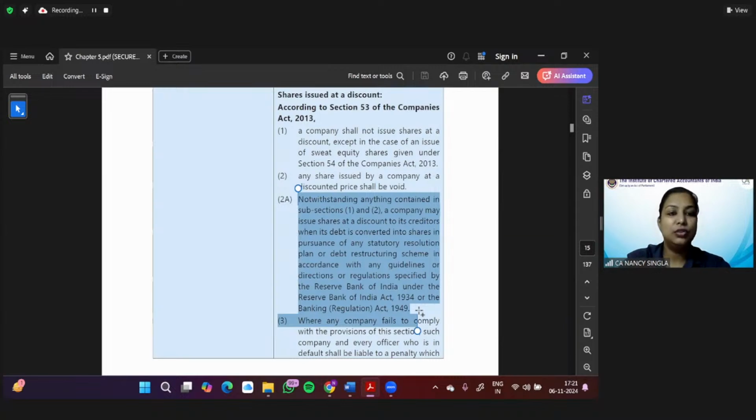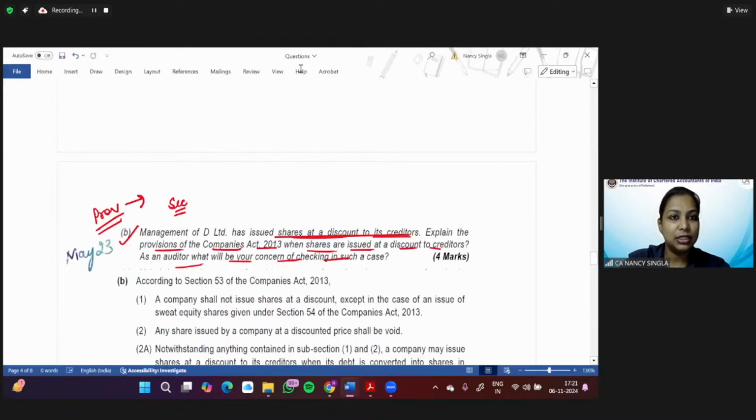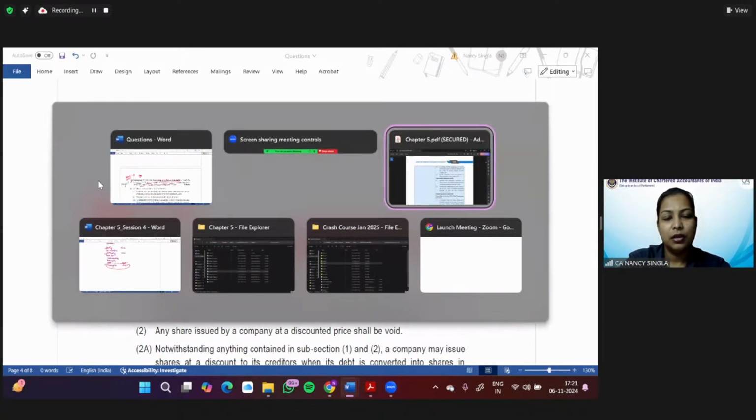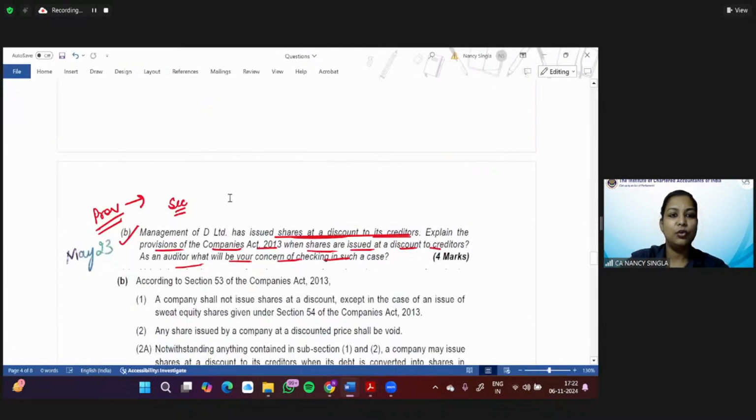So what is the answer? The answer is on page number 5.15 of your module. Just a minute. Amrit is saying shares can be issued to creditors and sweat equity shares. Right. So the page number is 5.15, which is correct. Swati has mentioned it. Om Krishnan Gupta has mentioned it. Students, absolutely correct, right?